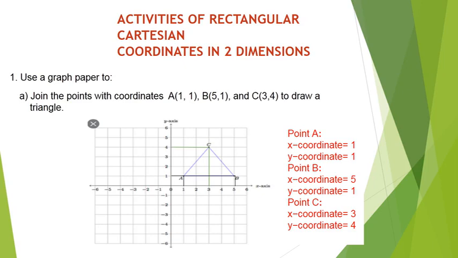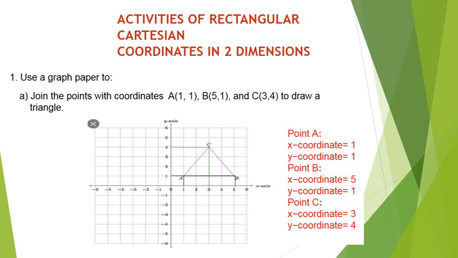For point C, that is (3, 4), you can check it out. The x coordinate is positive 3 and the y coordinate is positive 4. X is positive, so we go to the right side of the origin point in the horizontal line: 1, 2, 3. And y is positive 4, so we go up from the origin in the vertical line.